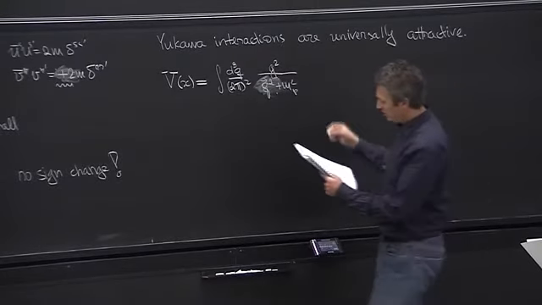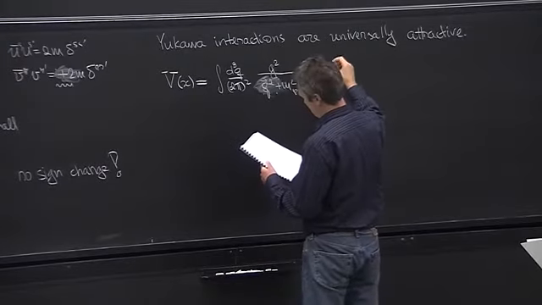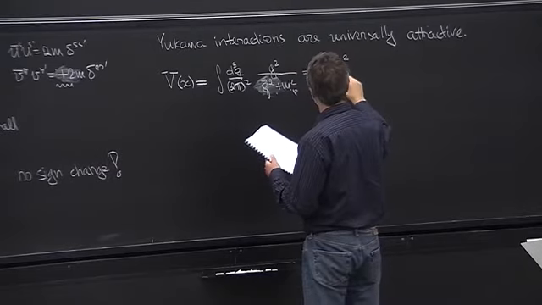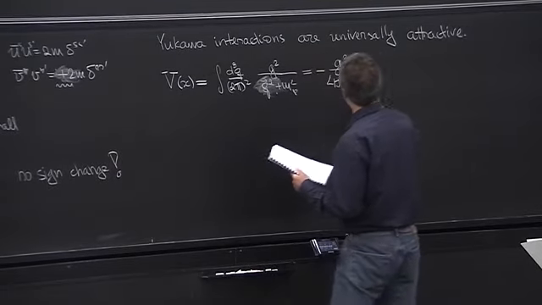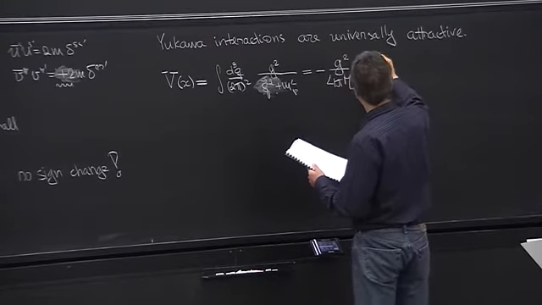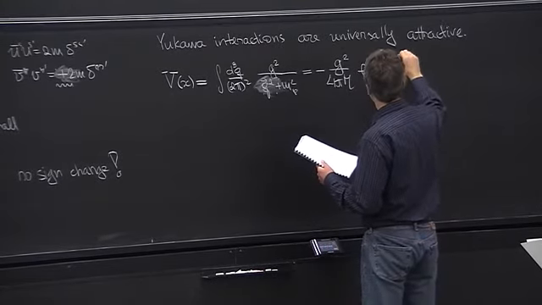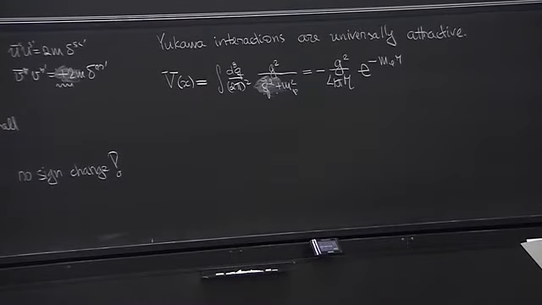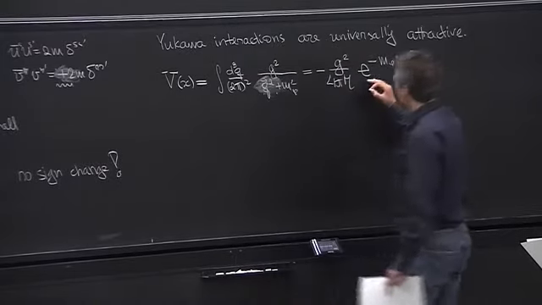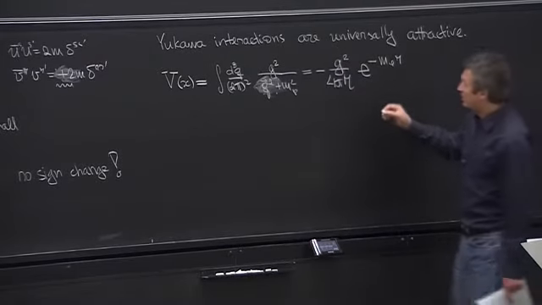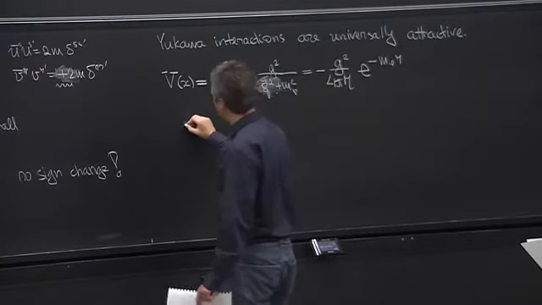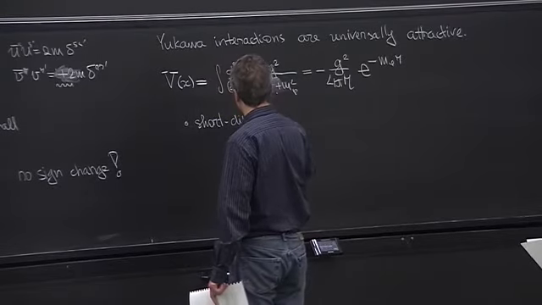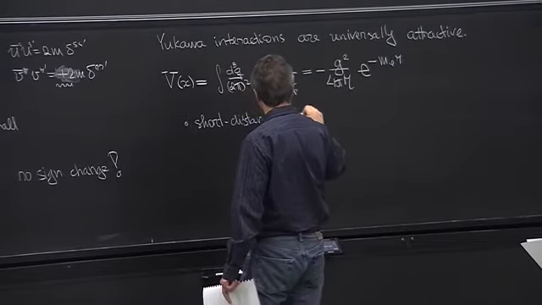So if you do the integral, you get the Coulomb potential multiplied by a damping exponential that kills off the interaction at large distances. So you see that the potential is short distance, and is attractive.